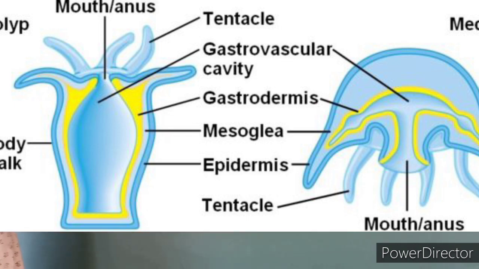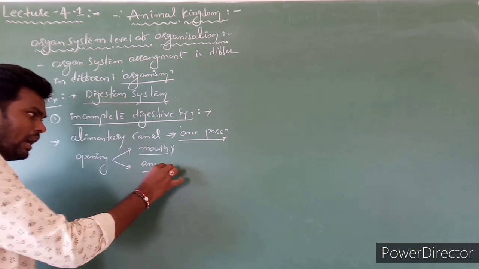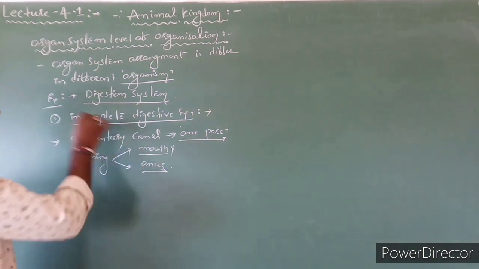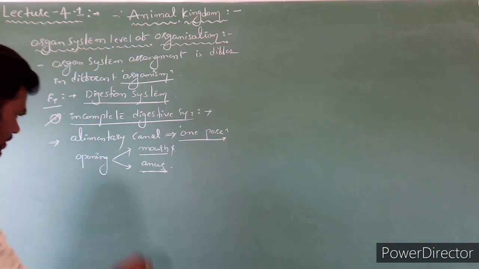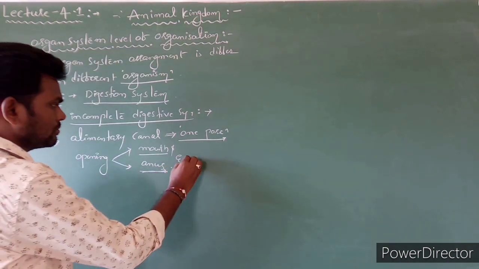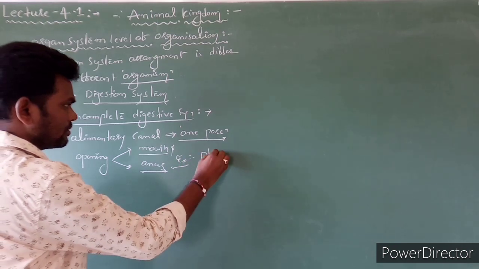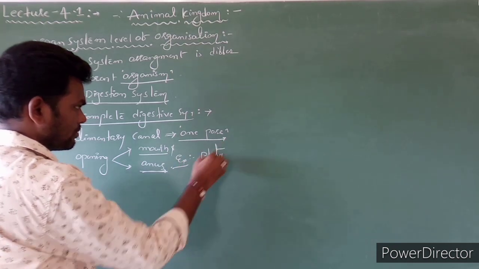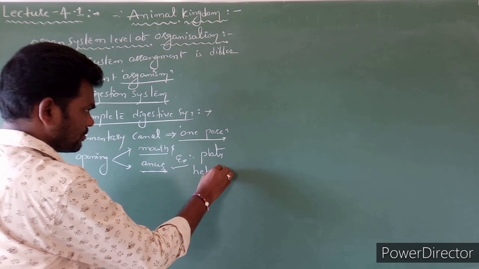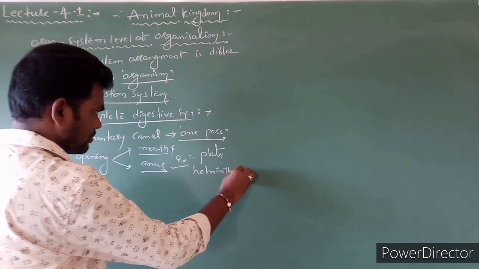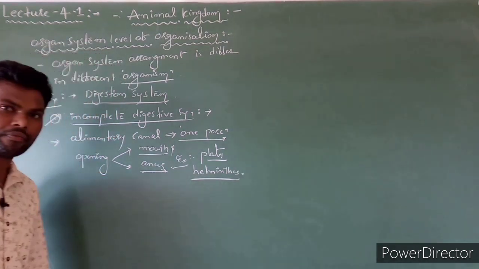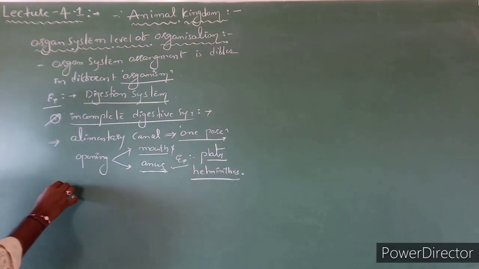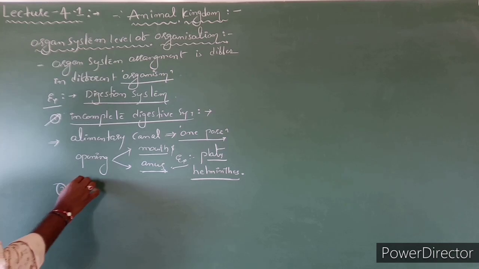Only one pore is there, acting as a mouth as well as anus. So that's why it is called as what? Incomplete digestive system. Example is platyhelminthes. Platyhelminthes. Clear?